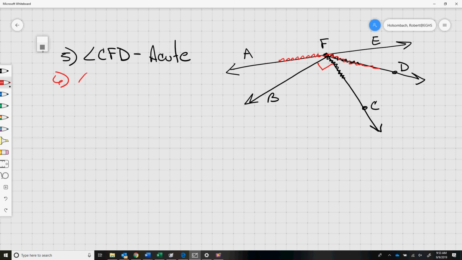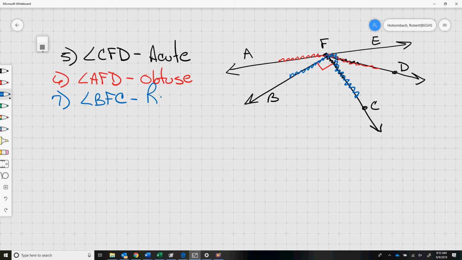And we got BFC. BFC, it's the blue one. BF to C. Anybody? It's right. Why is it right? It's got the box.